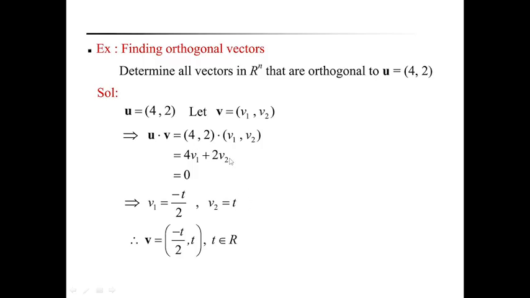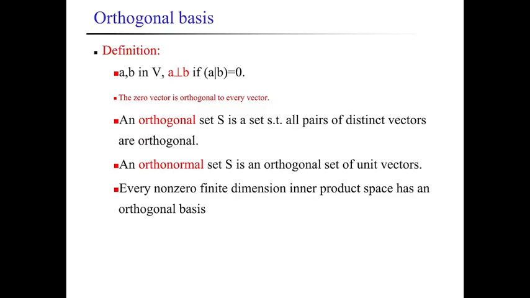Substituting, 4v1 plus 2t equal to 0. From this, v1 is obtained as minus t by 2. So v1 is equal to minus t by 2 and v2 equal to t. Therefore v equals (v1, v2), that is, (minus t by 2, t). So we have obtained the vector which is orthogonal to u.